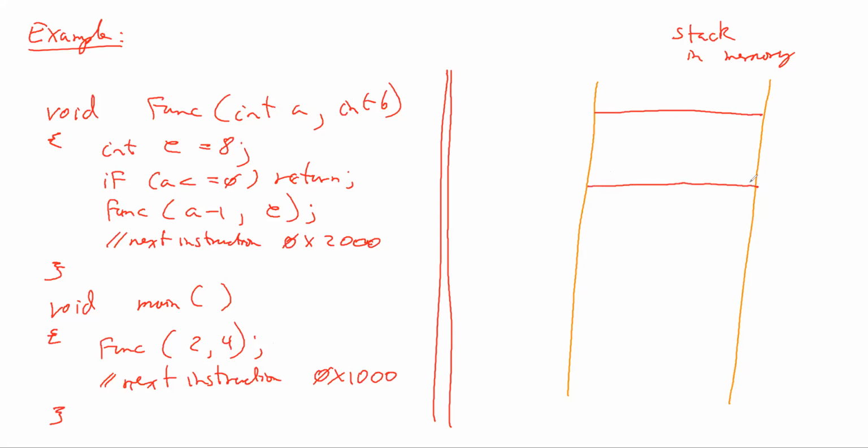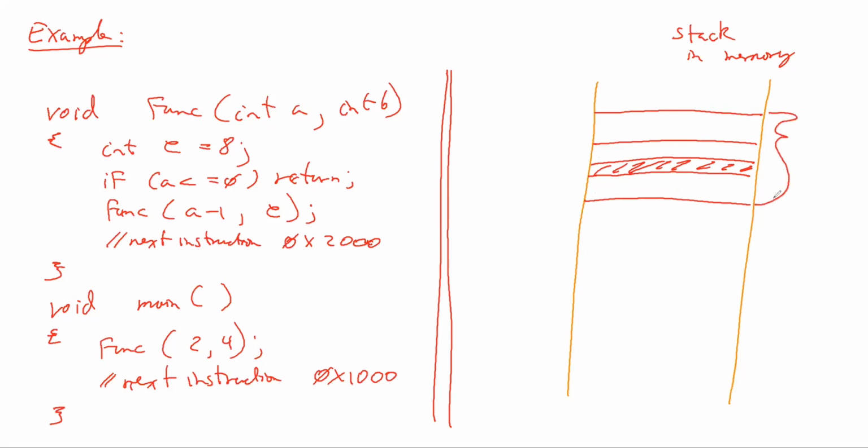So what do I need? I need a place for the return address. I'm going to have this space, which is just part of the metadata. This is going to be the frame for F24.